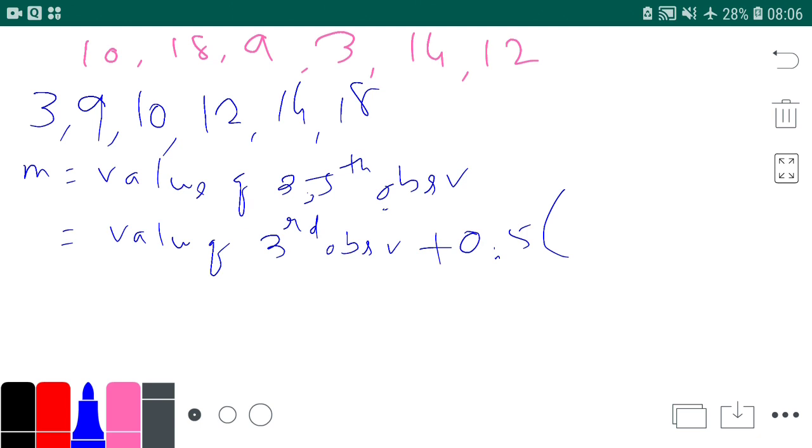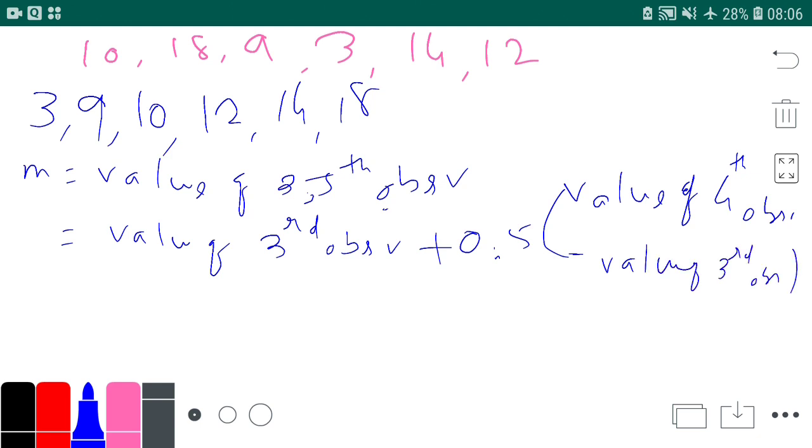It is between 3 and 4. Which is bigger, 3 or 4? Obviously 4. So you have to subtract bigger minus smaller. So it is the value of the fourth observation minus the value of the third observation.